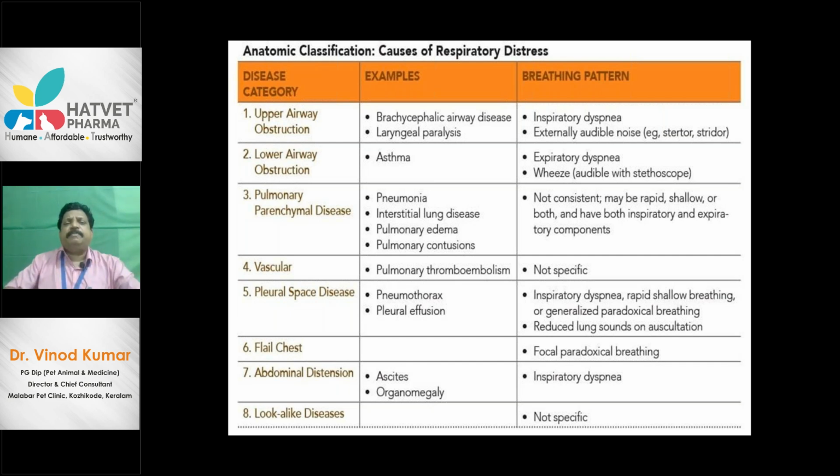And if it is lower airway obstruction, expiratory dyspnea occurs. Now with the mimicry, I showed you how expiratory and inspiratory dyspnea occurs. So in upper airway obstruction, there will be inspiratory dyspnea and externally audible noises such as stertors and stridors. Yesterday I told you well how stertors occur, how stridors occur. Stertors are louder, more intense and noisier than stridors. Stridors are musical sounds.